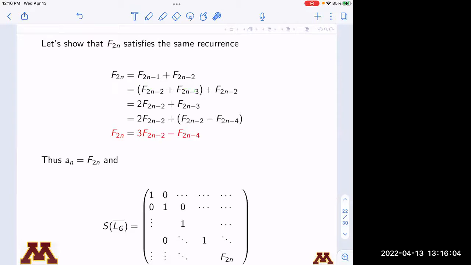Okay, we can substitute how we obtain F_{2n-1} by the following next line here, well, the first term of this next line. And then with a little bit of algebra on this line, we finally obtain that F_{2n} equals 3 F_{2n-2} minus F_{2n-4}, which is what we wanted.